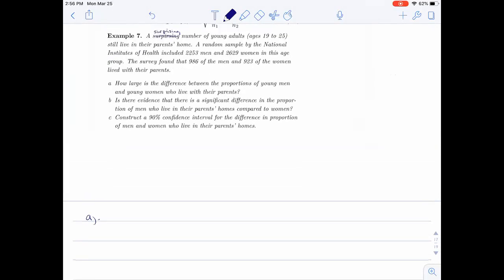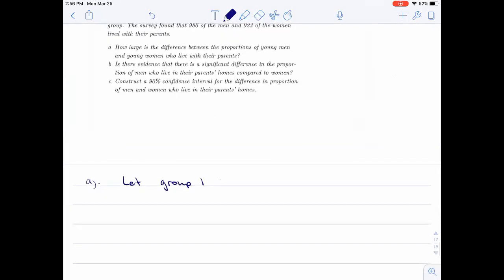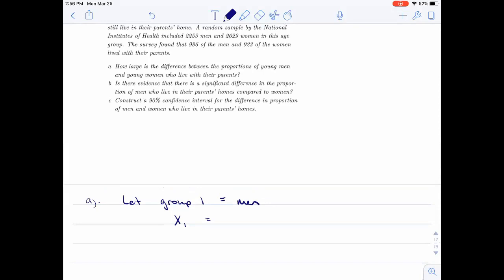I'm just going to highlight some stuff here. Let group 1 be the men. So then X1 is going to be the number of successes. And in this case, because we're interested in, do you live at home or not, a success is someone who lives at home. And so we have 986 successes.